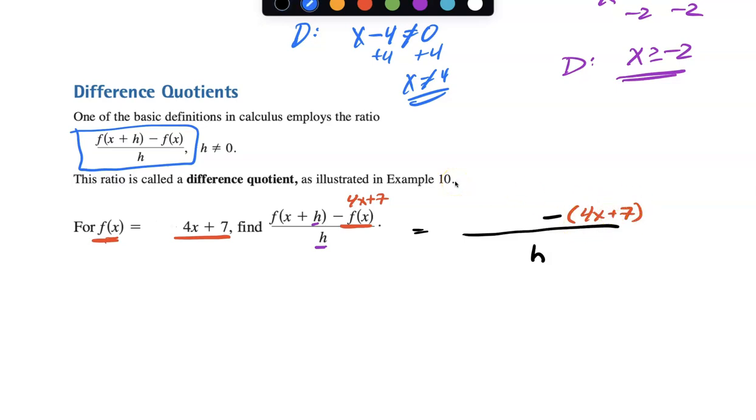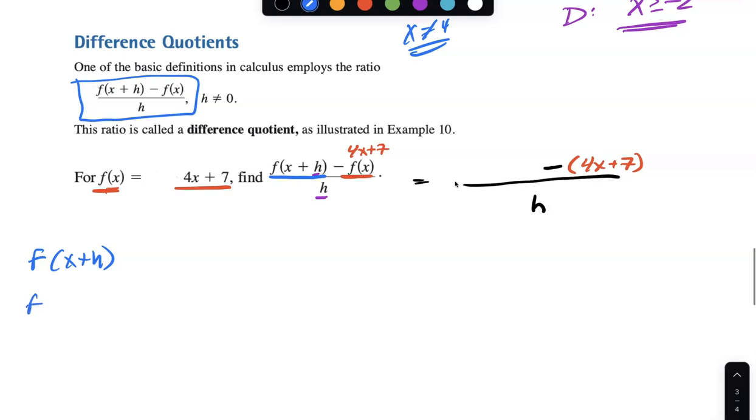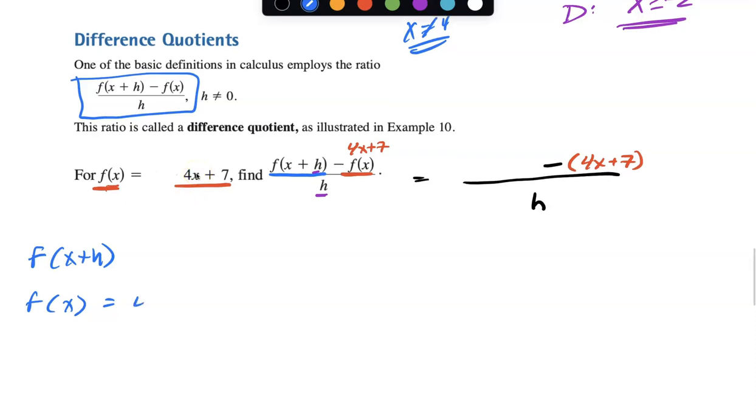Now, here's the key to the difference quotient. How do I evaluate this guy? What is f of x plus h? Now, hopefully, you understood the thing we went over in class before. F of x by itself is just this guy where you plug in stuff for x. So this is just 4 times something plus 7, right? And all we're going to do is plug in x.